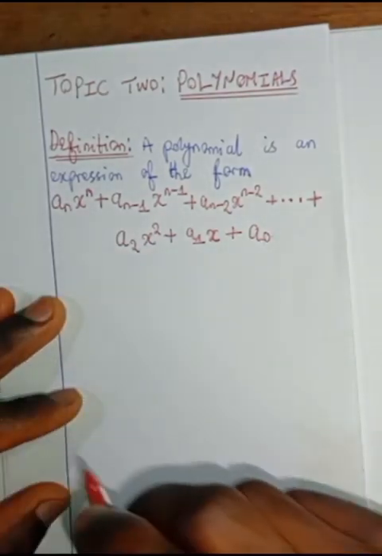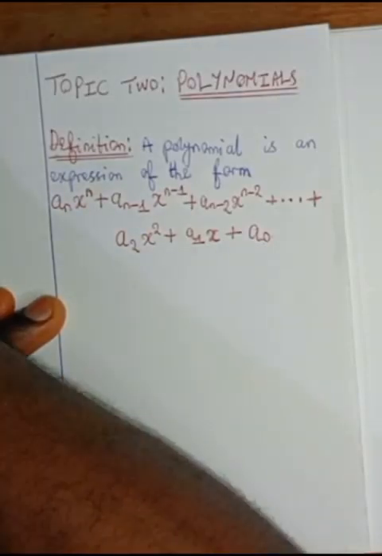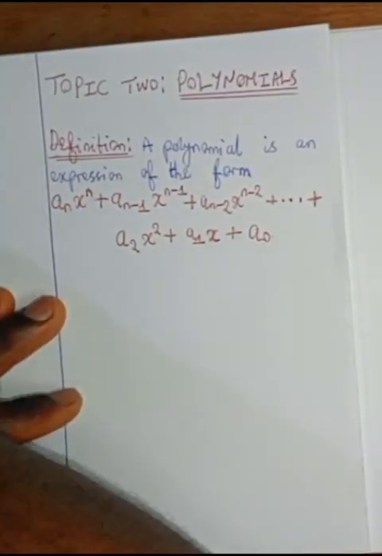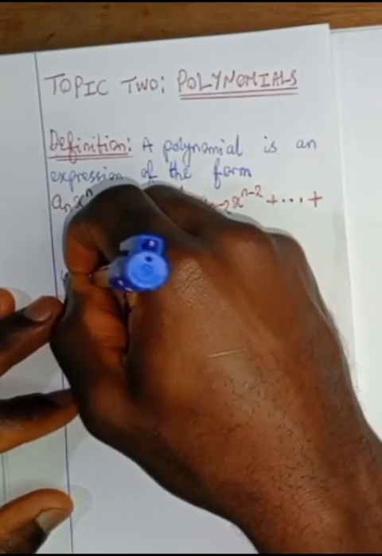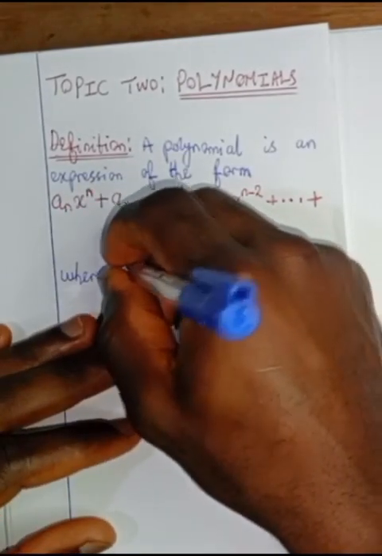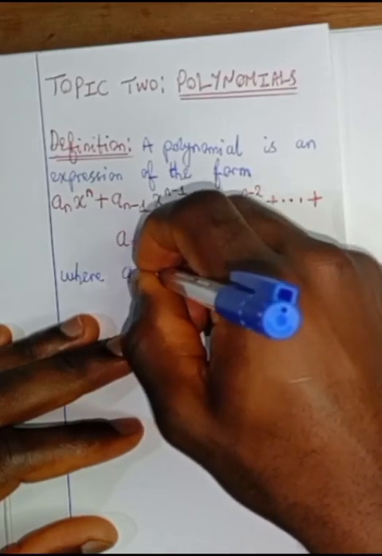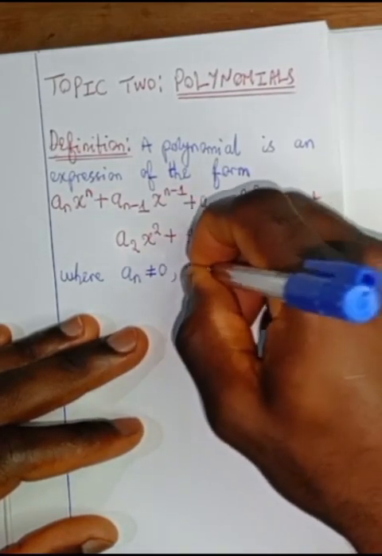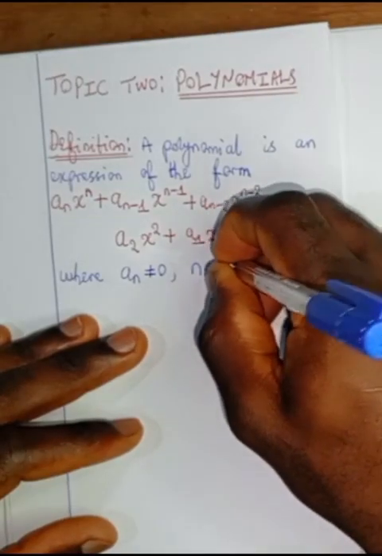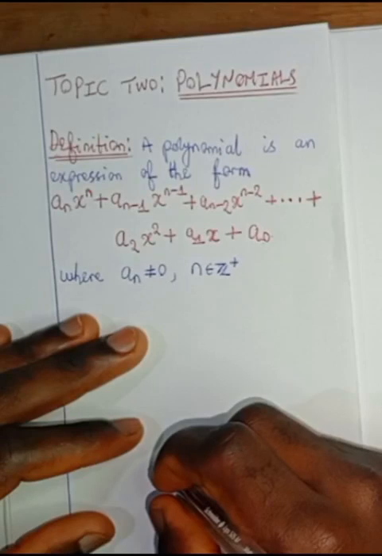We know x raised to the power 0 is simply equal to 1, where a subscript n is not equal to 0, then n belongs to the set of positive integers. That means n cannot be equal to 0.